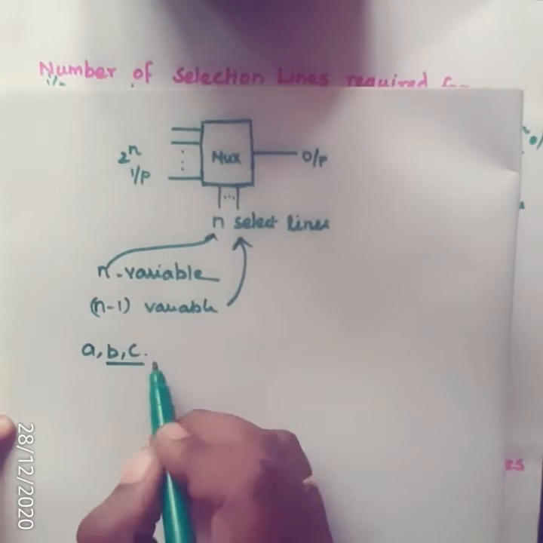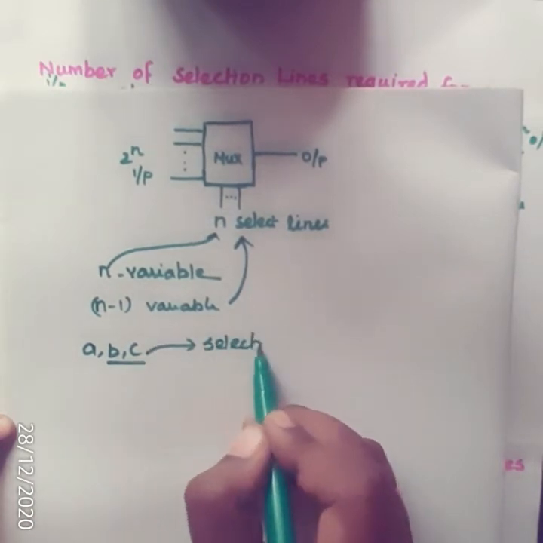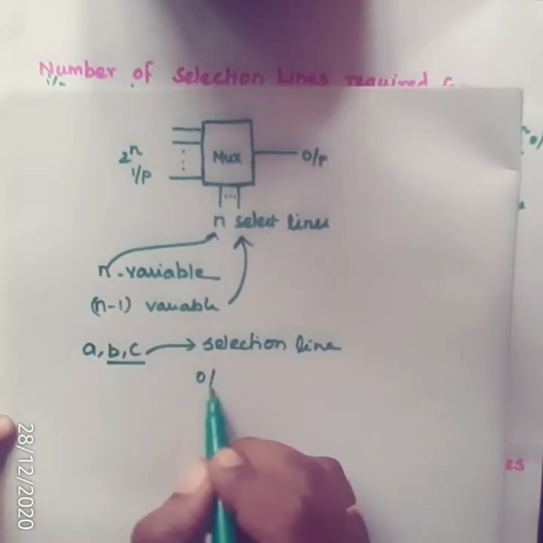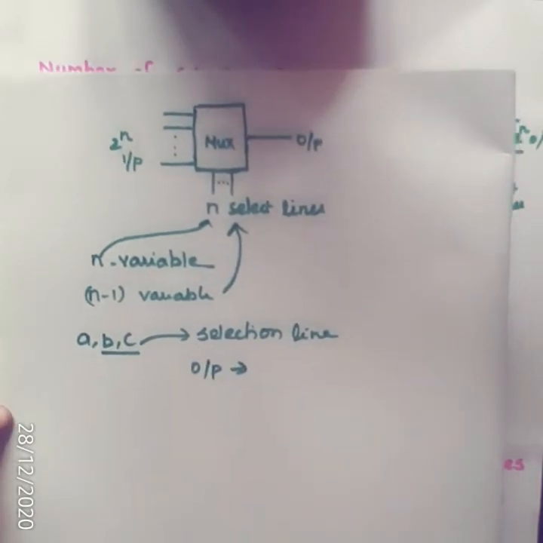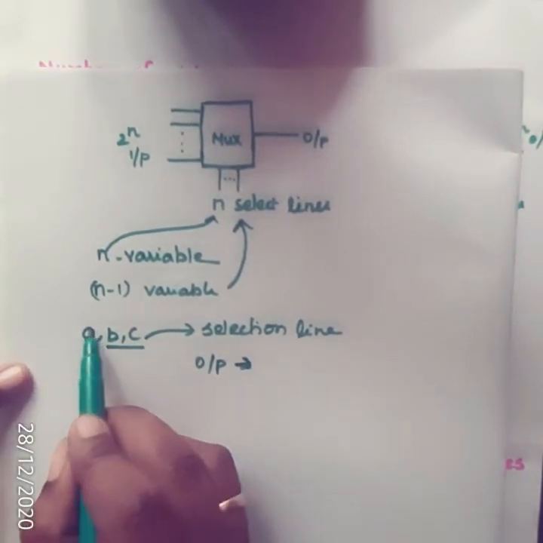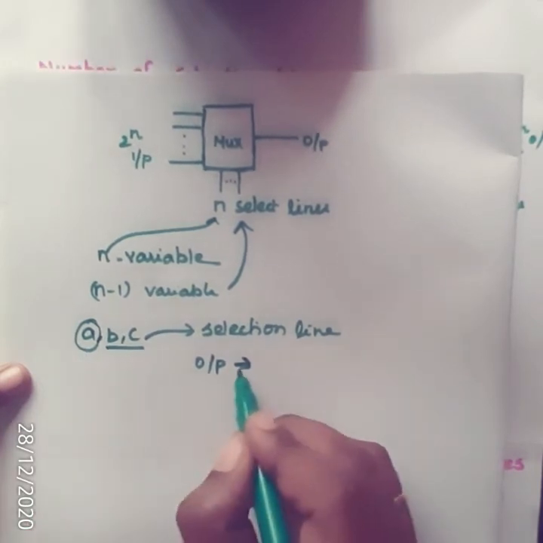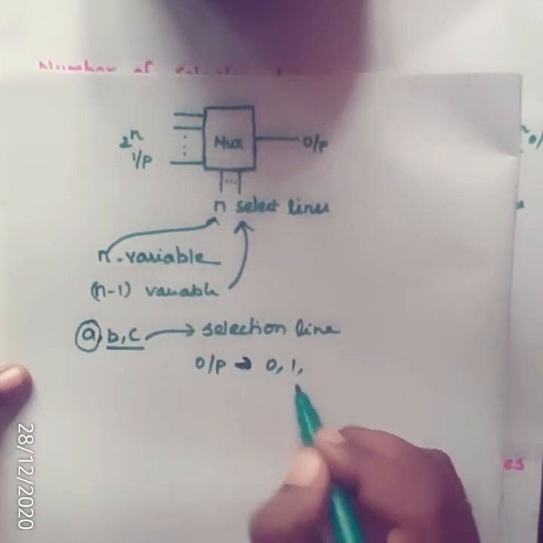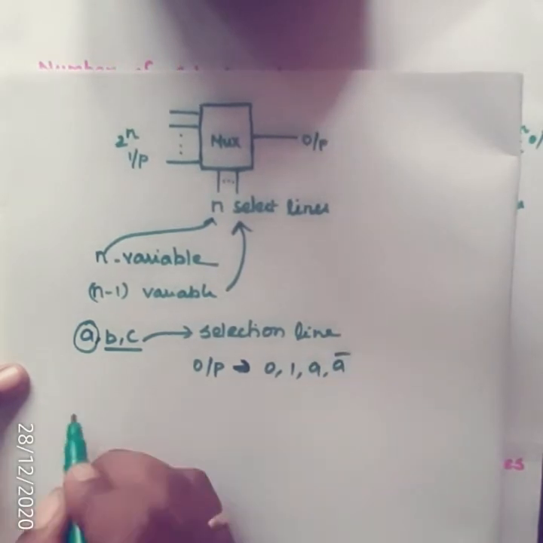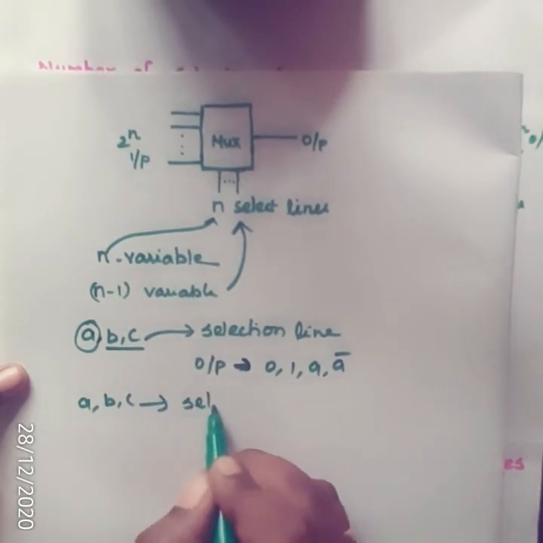First one, you can give B and C as selection lines, and the output is expressed as a function of the third literal. That means the output may be 0 or 1 or A bar. Another method, you can give all the 3 variables to the selection lines.